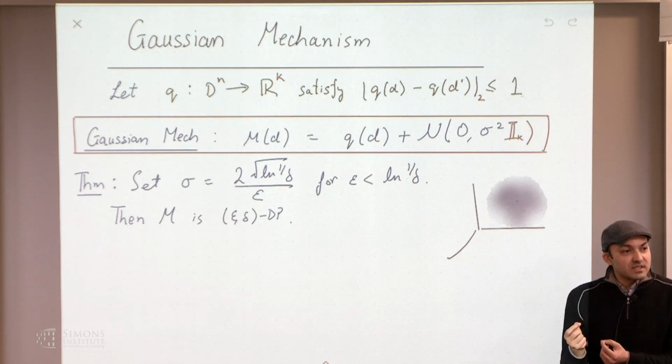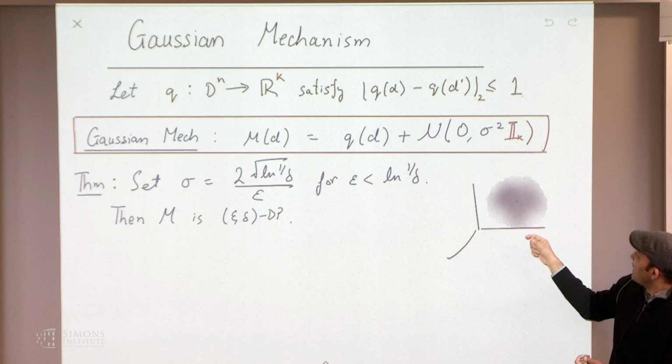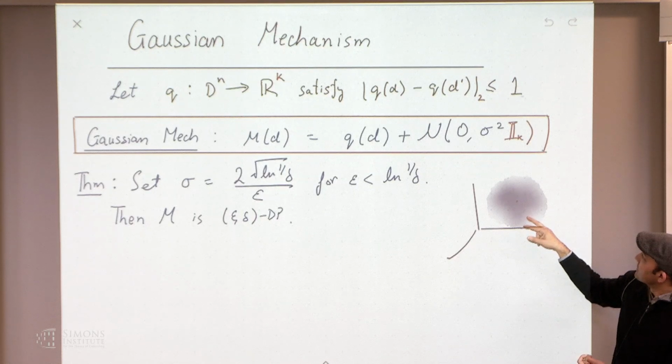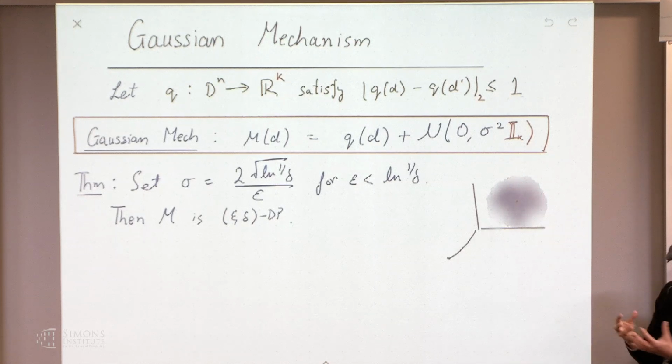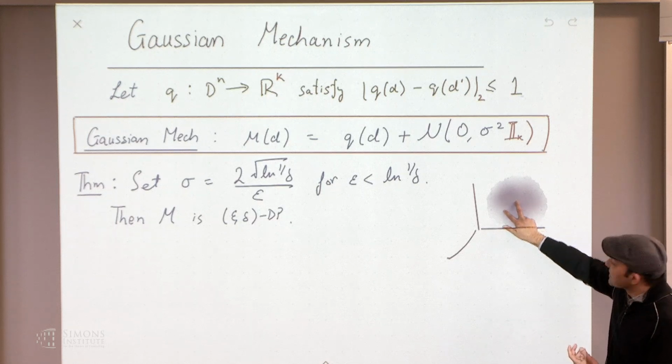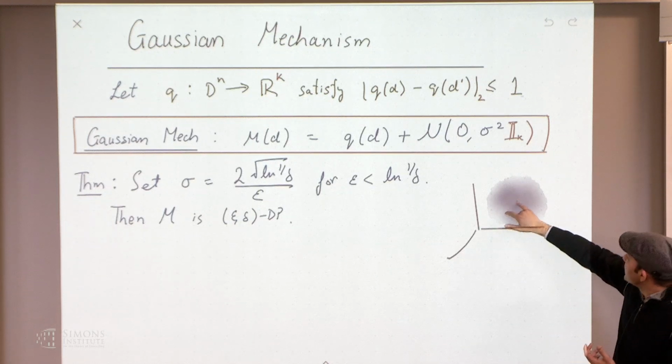I'm still measuring the density. I still want to compute the ratio of densities at two points when I've moved the mean by a certain amount from Q(D) to Q(D prime).